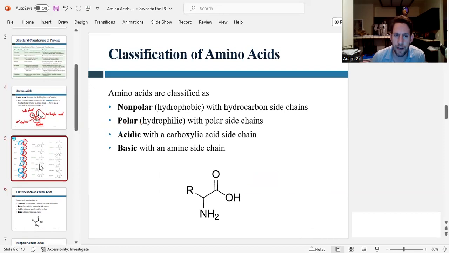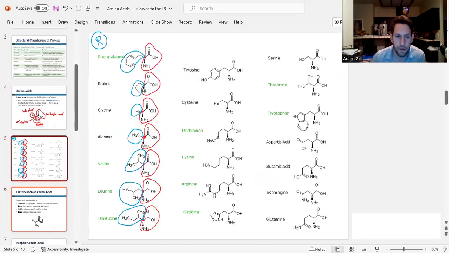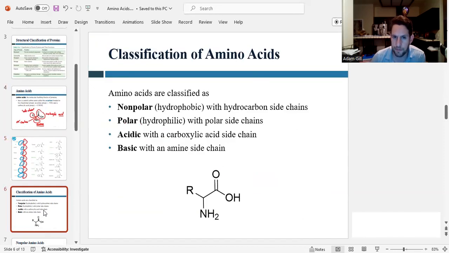We can classify these based on the side chains. Now, if the R group is non-polar, meaning it's just hydrocarbons, we call it a non-polar amino acid. If the side chain is polar, then we call it a polar amino acid.